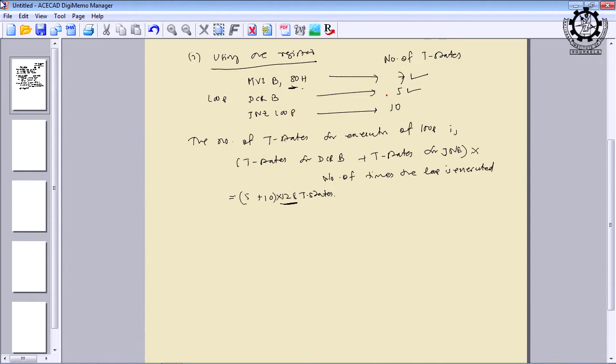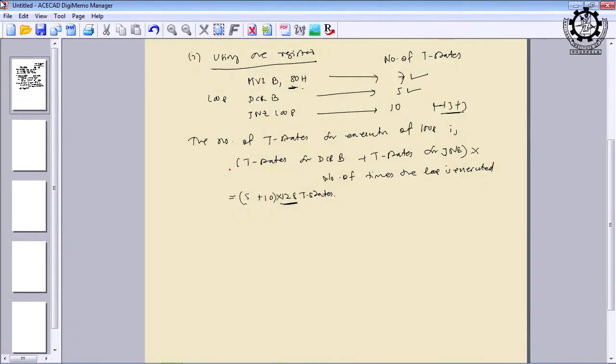So, how many T states are required? For the first byte it will take 4 T states, the second byte will take 3 T states, and the third byte will take 3 T states. So, 4 plus 3 plus 3, total 10 T states. Is it clear? And the total execution time of this particular program or subprogram is the delay.